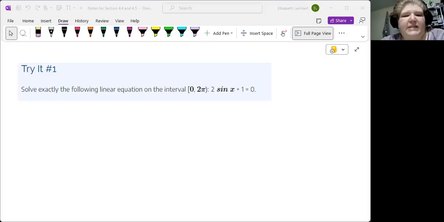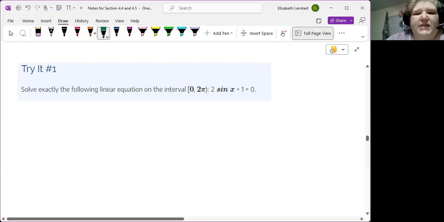Here we go with the next bits. Okay, so this one is again just wanting answers between 0 and 2 pi. We have 2 sine x plus 1 equals 0. So again, if it helps, we can say, all right, I'm going to make u sine x.